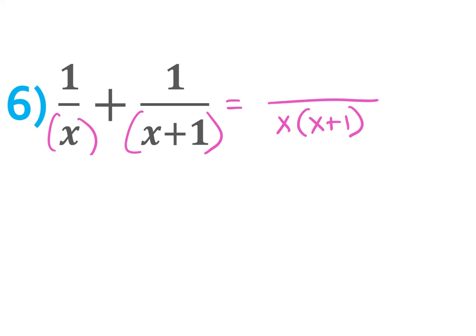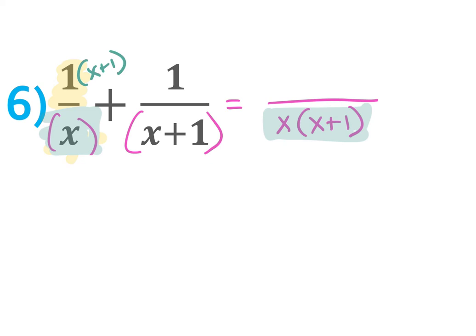So if I look at the first one and I just focus on my denominator, which is x, what would I have to multiply x by to get to my new least common denominator? X plus 1. So that's what I'm going to multiply the numerator of that fraction by. Only what's missing from the bottom.